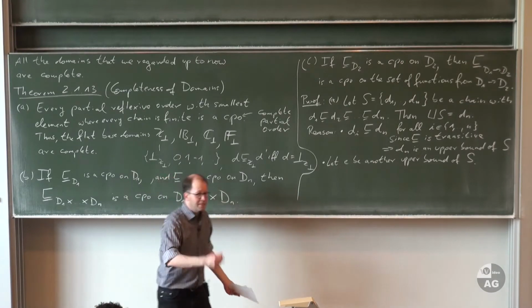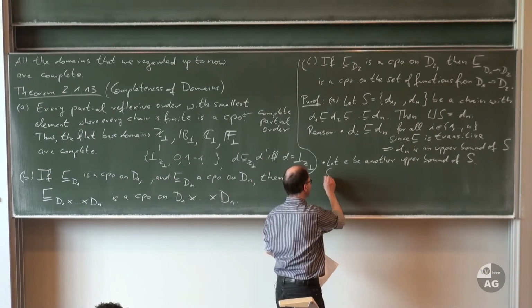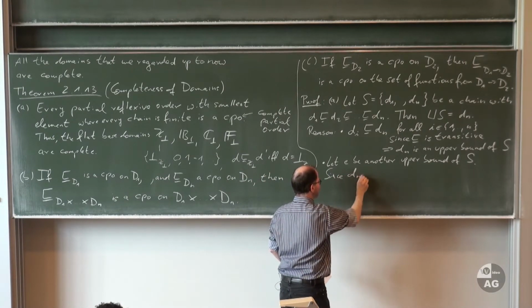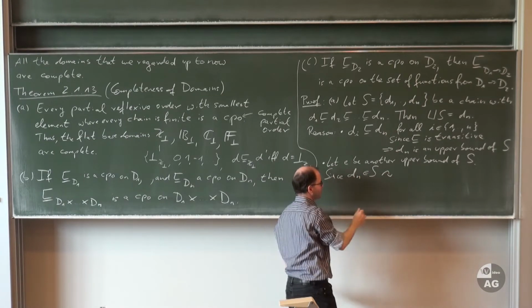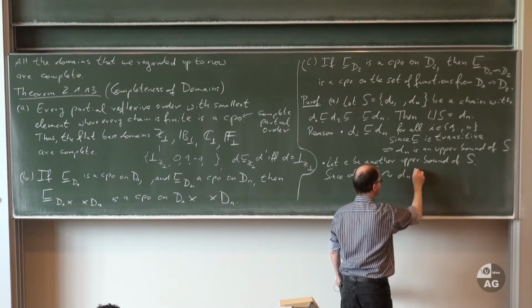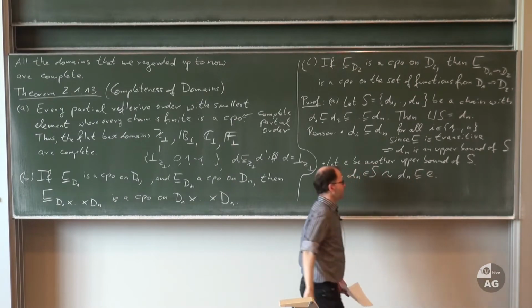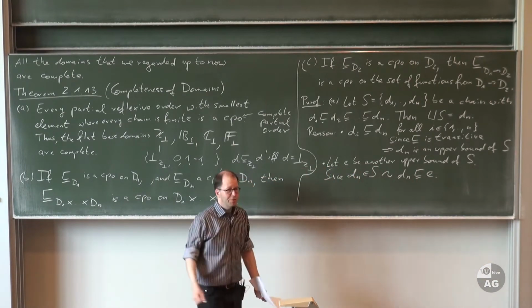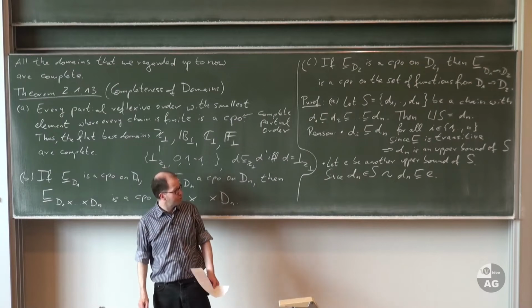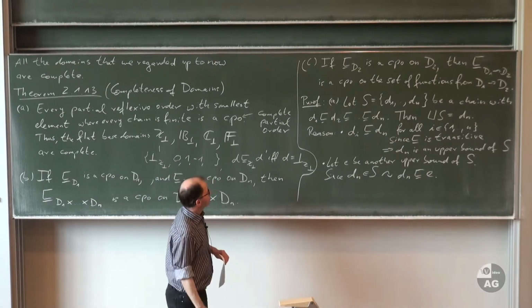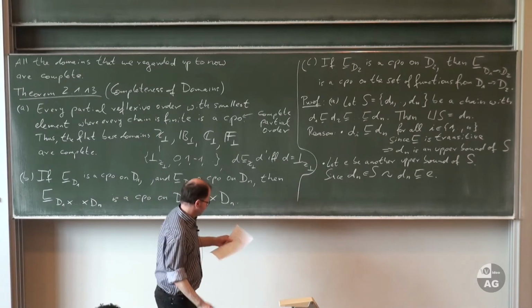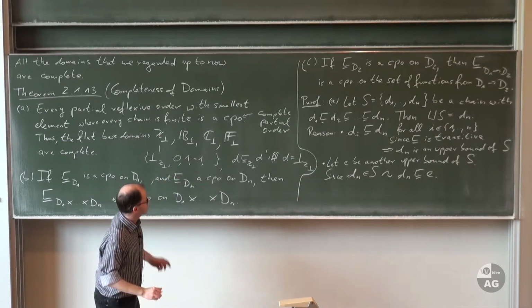Right, because Dn is an element of S. So since Dn is contained in S, if E is an upper bound of S, it must also be greater or equal to Dn. So yes, Dn is less than or equal to every upper bound of S. Okay, so this is true, and it wasn't too difficult.